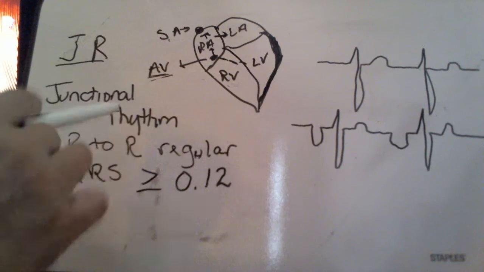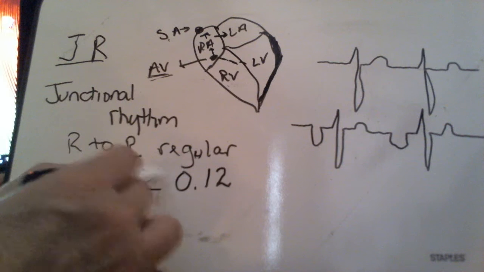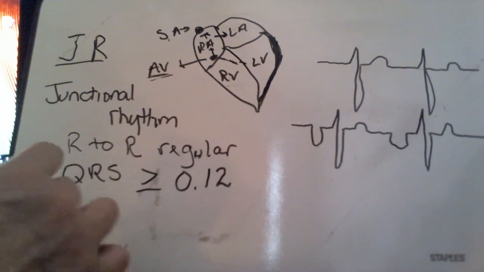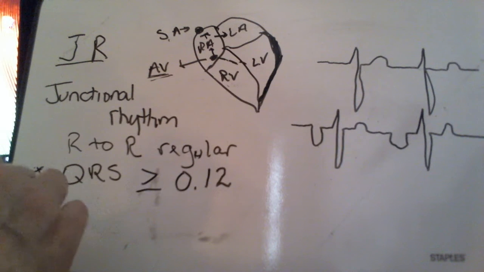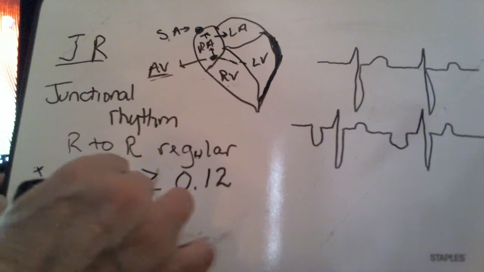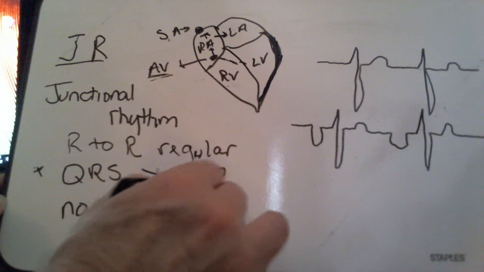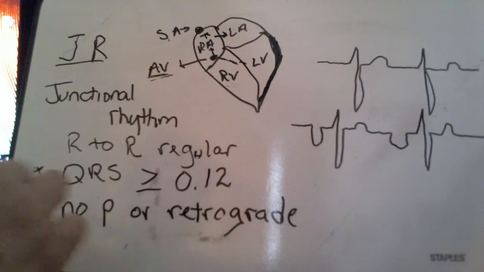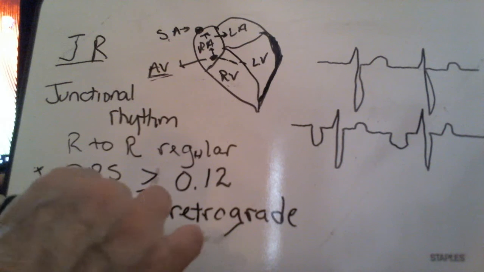Any rhythm that originates in the atria is going to have a QRS of 0.12 or less. So R to R is regular, no P or retrograde P. You're going to have a T wave present.